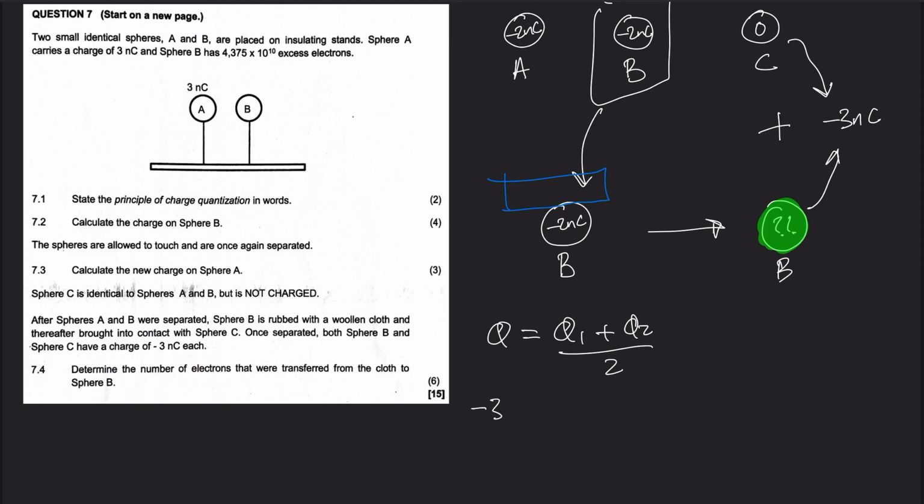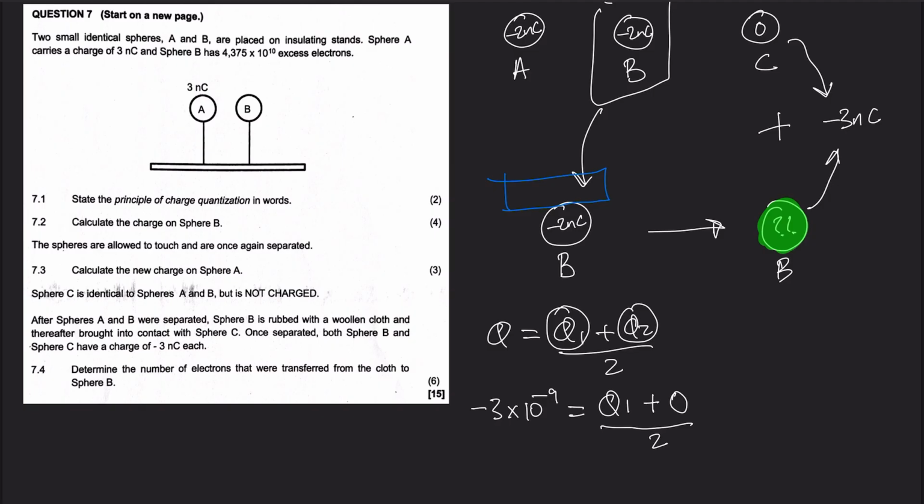And it's nC, so minus 3 times 10 to the negative 9. And that's equal to Q1. Let that be B. We don't know what that is, so let's leave it as Q1. Then plus Q2, we know C was 0, so plus 0 divided by 2.